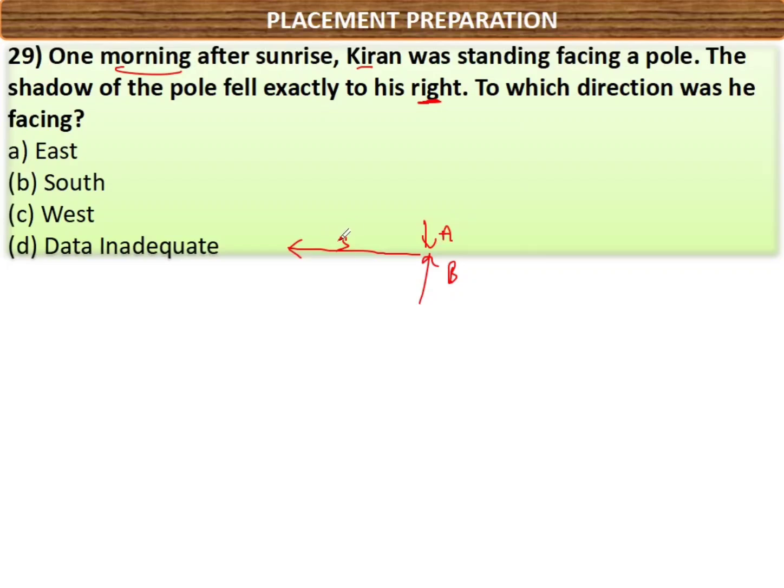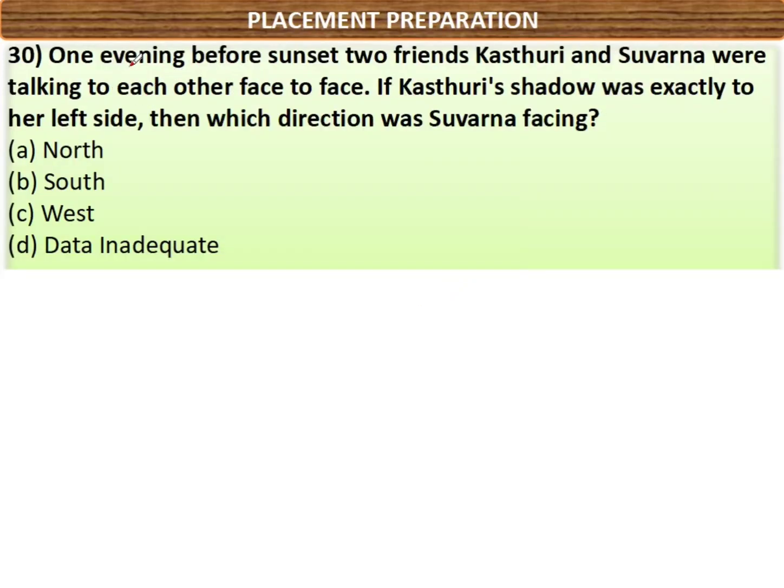Now tell me, this shadow is right of A or B? This is right of A. So it is telling right of his. His means here Kiran. So it is right of Kiran. So this A is Kiran. Now the question is, towards which direction is Kiran facing? Kiran is facing towards south. That's it.